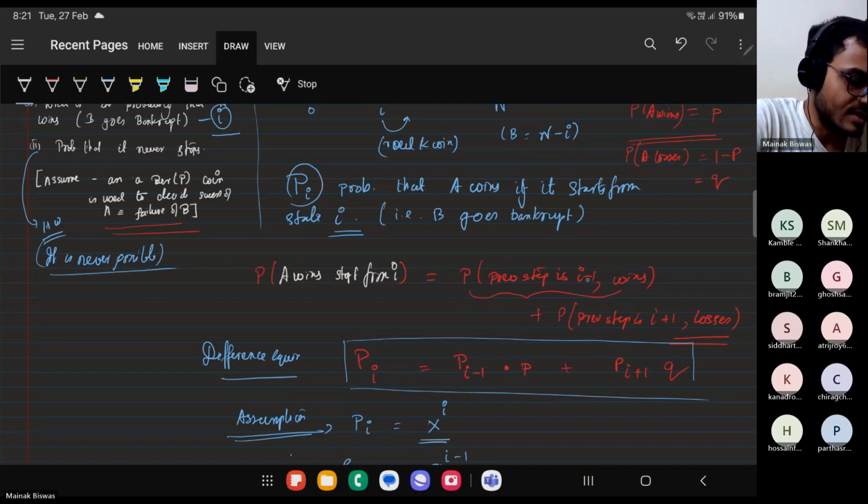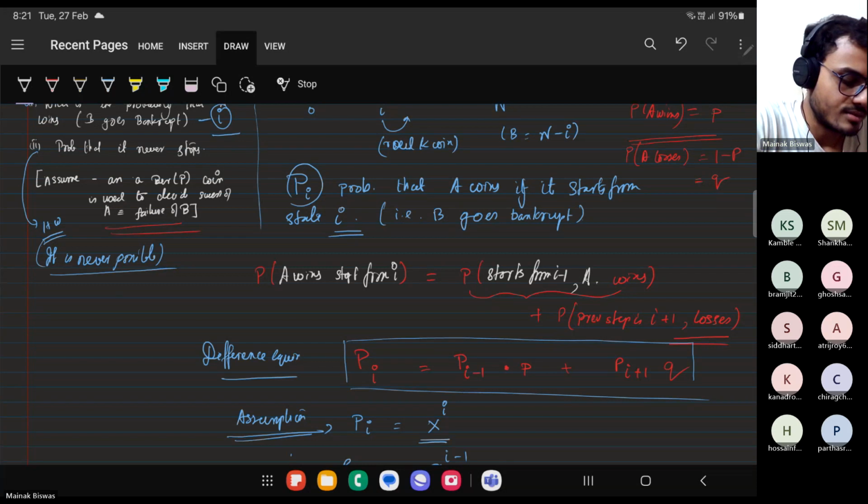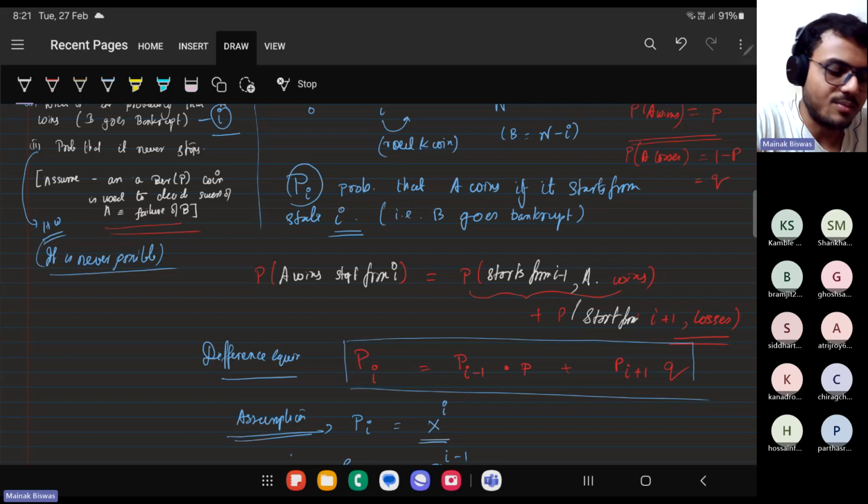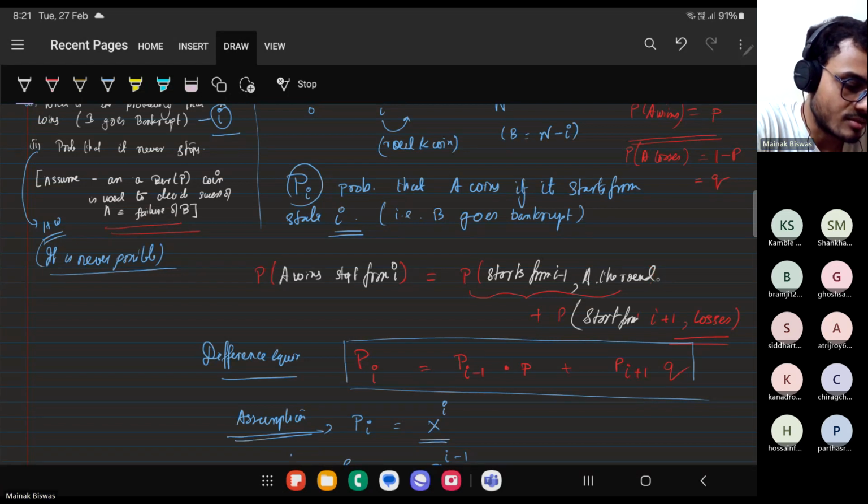Similarly, probability that A wins starting from i minus 1, starting from i plus 1, where A wins the round, and A loses the round.